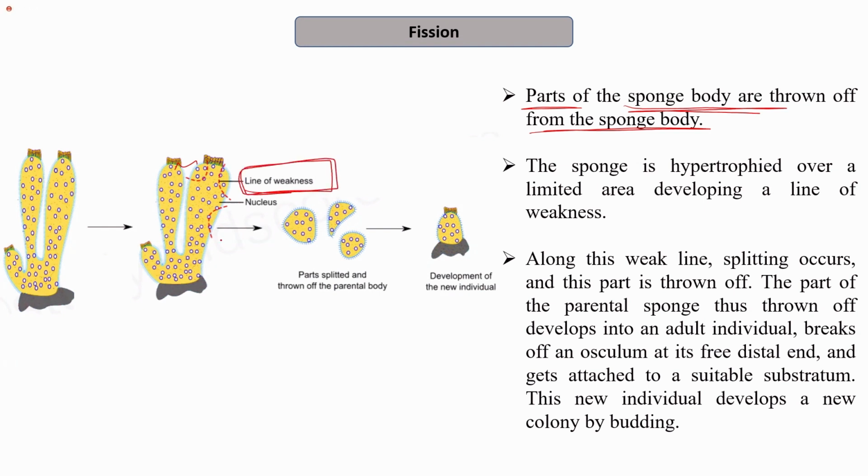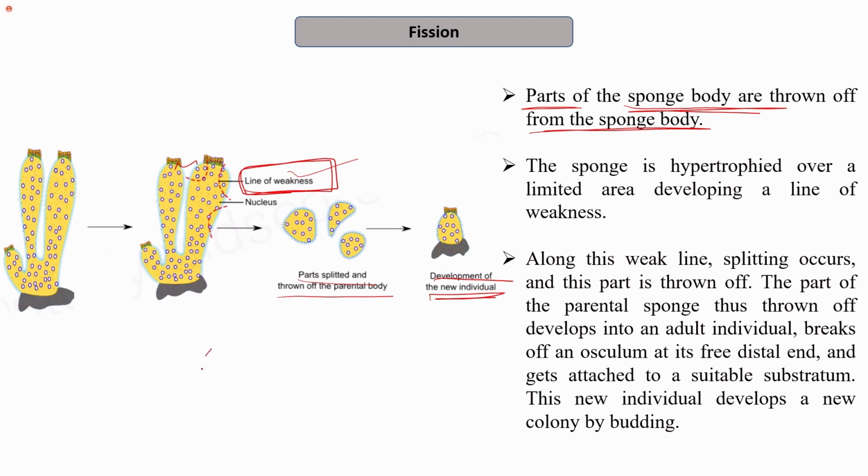This line of weakness leads to the splitting of some parts of the parental body, which are thrown out. It is simply the pinching off, and these parts then develop into new individuals. So this is the process of fission.